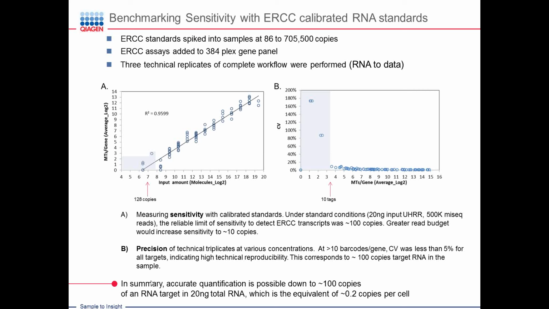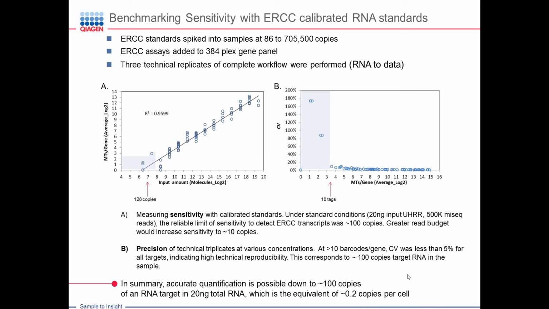All of this translates to about a threshold of accurate quantification in this experiment down to around 100 copies of an RNA in 20 nanograms of total RNA. And that's the equivalent of about 0.2 copies per cell, or 1 copy for every 5 cells.